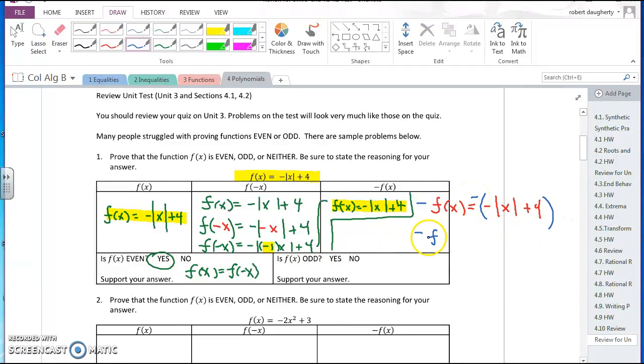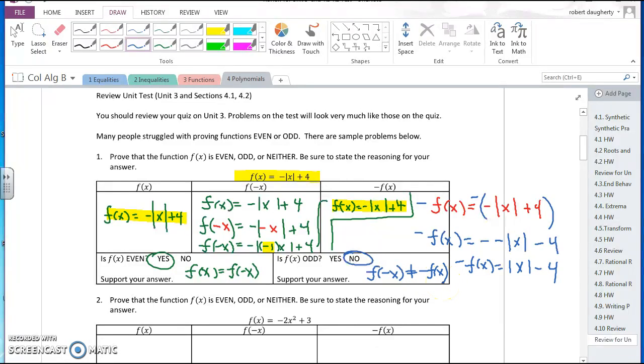So negative f of x is equal to the negative of negative absolute value of x, and then minus 4. So negative f of x is equal to the absolute value of x minus 4. So we now know that this is not an odd function.